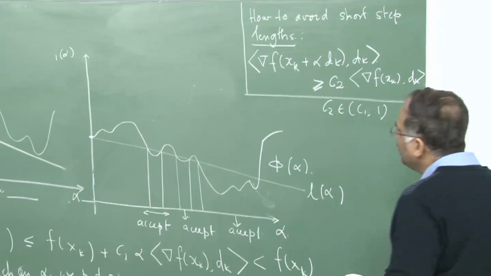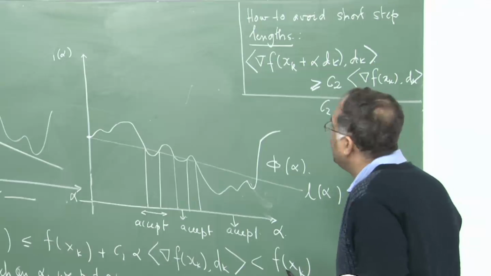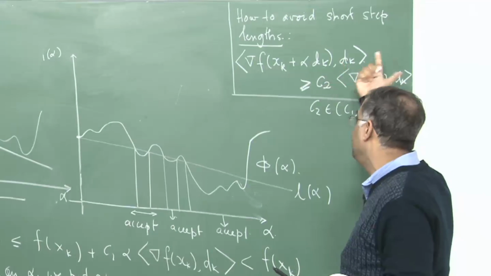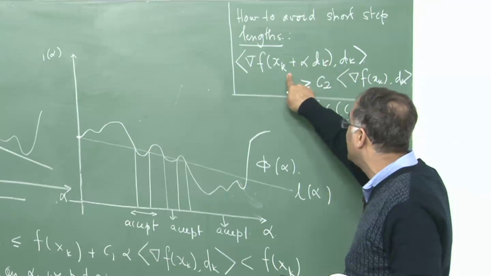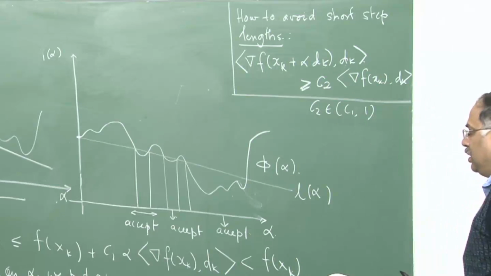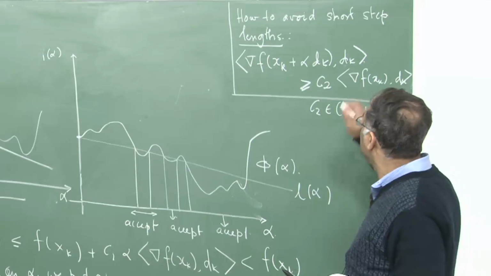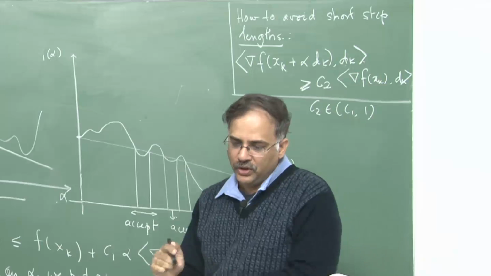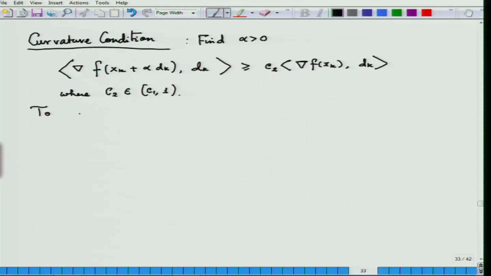Of course, positive would not give me any information, as d k would not be the descent direction; it could be positive because there is no guarantee that d k is a descent direction at x k this point. So, this is called the curvature condition which we have written down. This is to avoid too short step lengths.